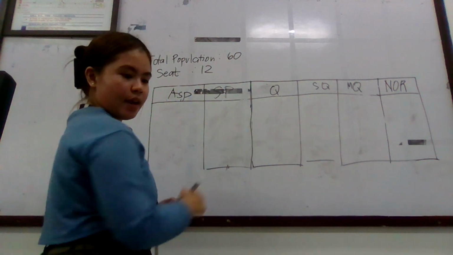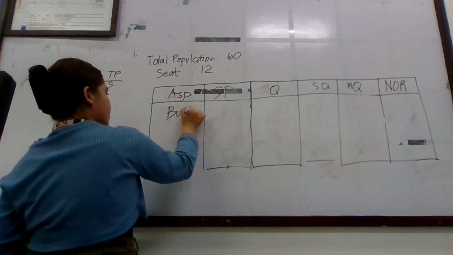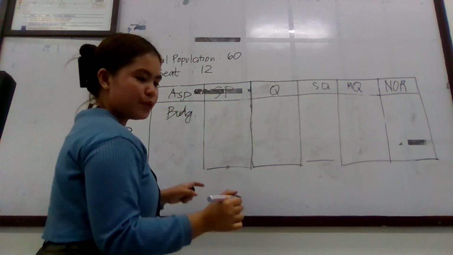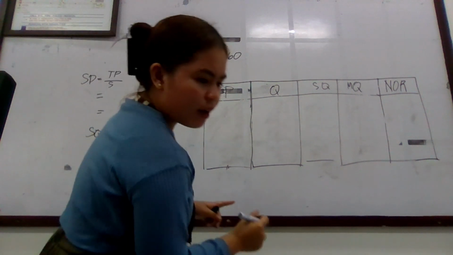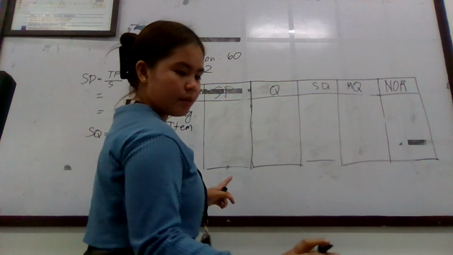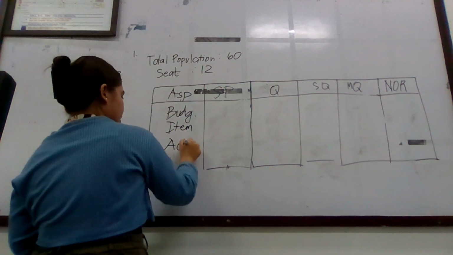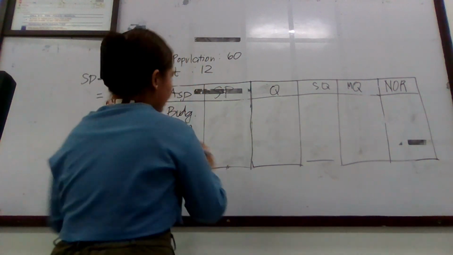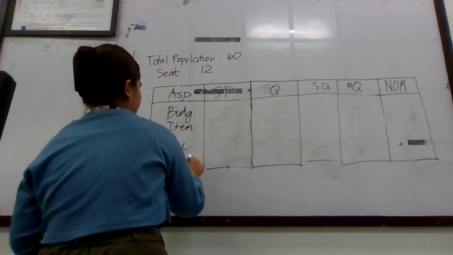So we have budget. We also have items and accommodation. And lastly, we have transportation.